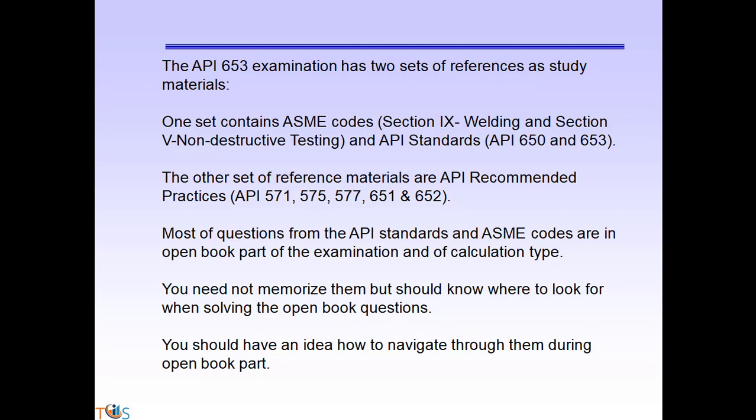One set is ASME codes, section 9 welding, and section 5 non-destructive testing, and API standards, API 650 construction code and 653 repair code or inspection code. The other set of reference materials are the API recommended practices 571, 575, 577, 651 and 652.